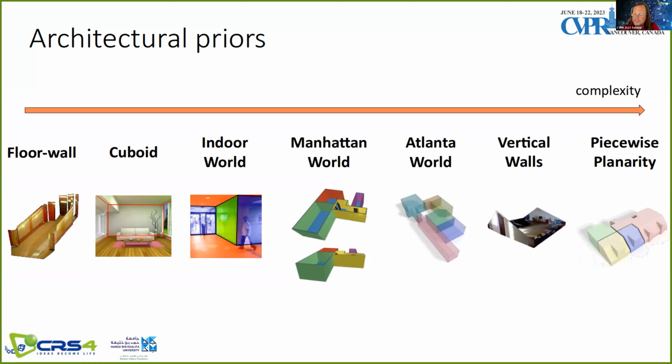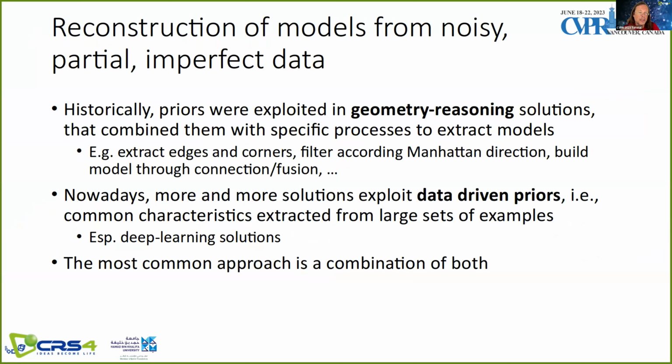This assumption is the least restrictive, but at the same time, it requires a full 3D reasoning on the scene. In the ones that have vertical walls, you can have some projection on the floor that provides you some information, while in the general piecewise planarity version, you don't even have that possibility, so you have to work in full 3D.